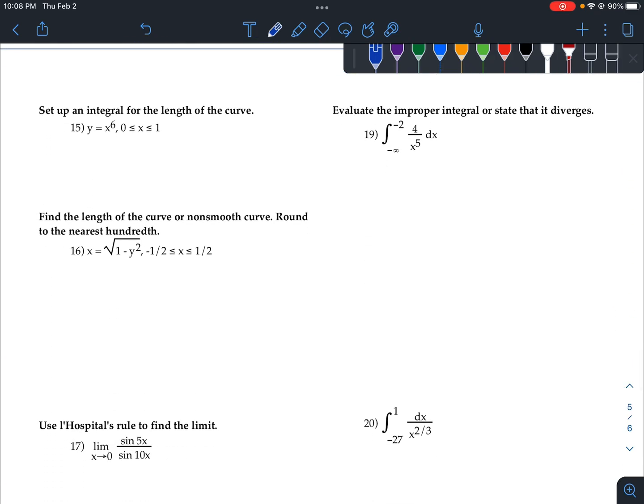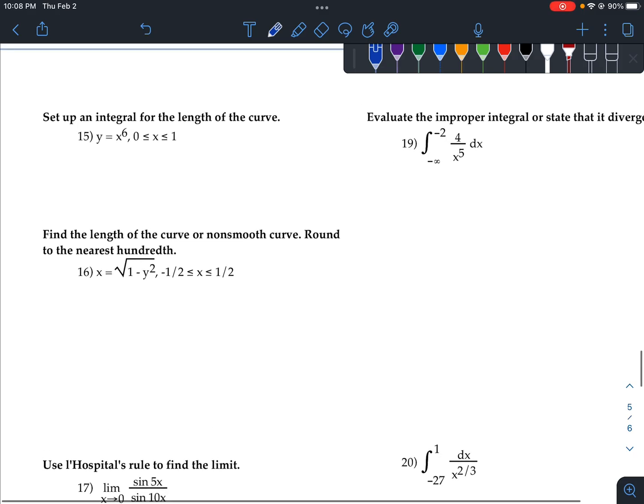Okay, last page, so we're going to go to 15 now. Set up an integral for the length of the curve. So it's not asking you to evaluate, it's just asking you to set up the integral. Remember that the length of a curve is equal to the integral from a to b of the square root of 1 plus y prime squared dx.